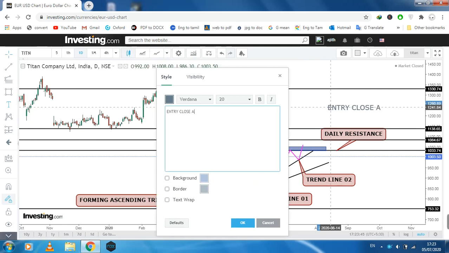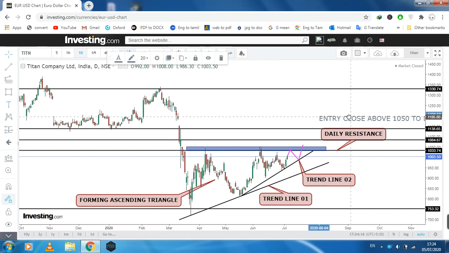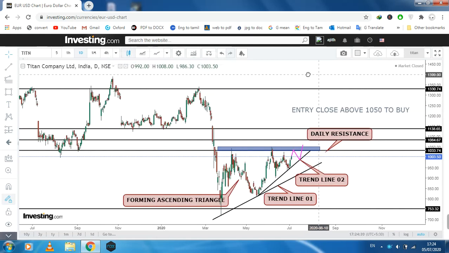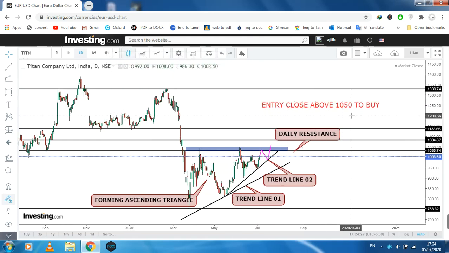Close above nearly 1050. Right, entry on a close above 1050.